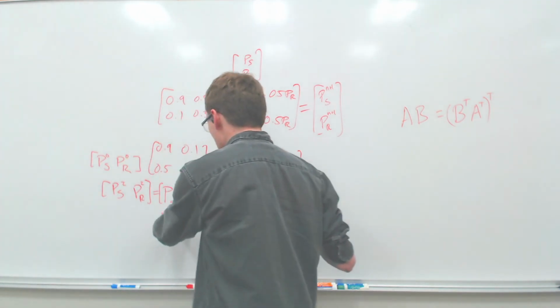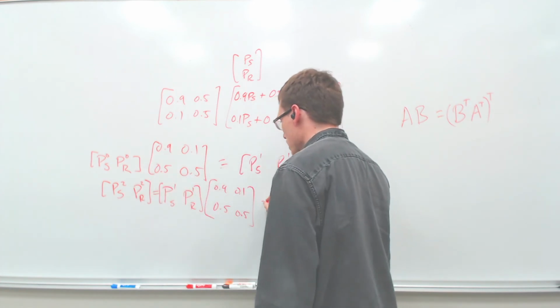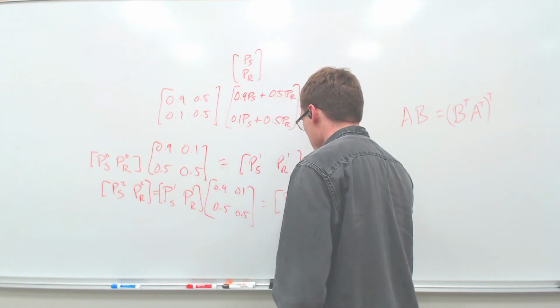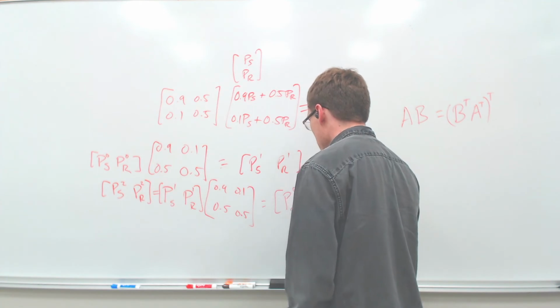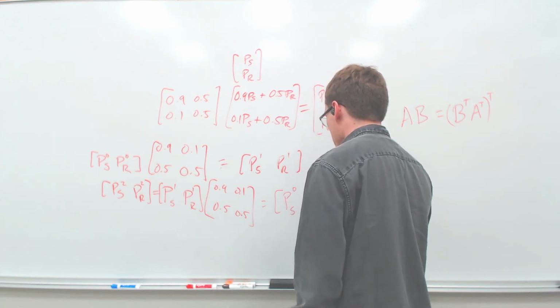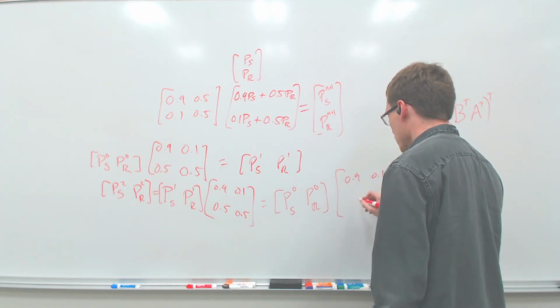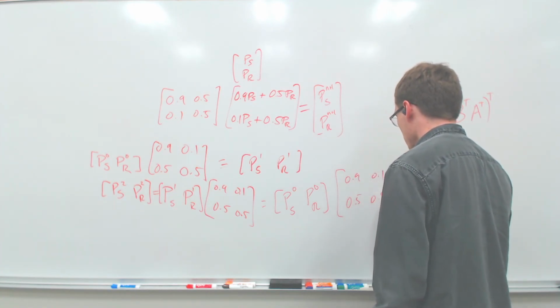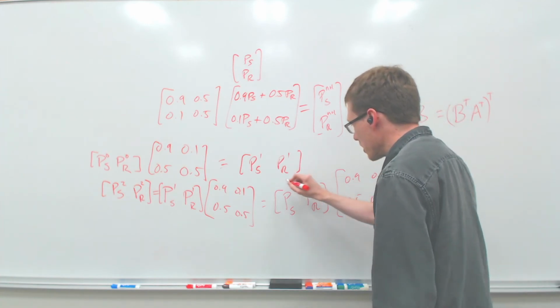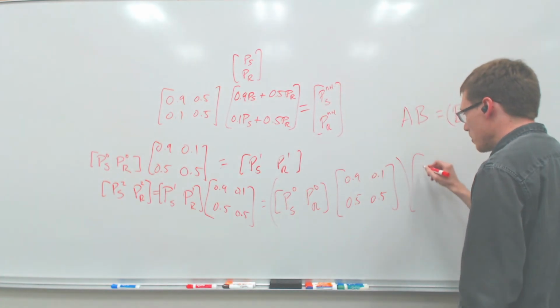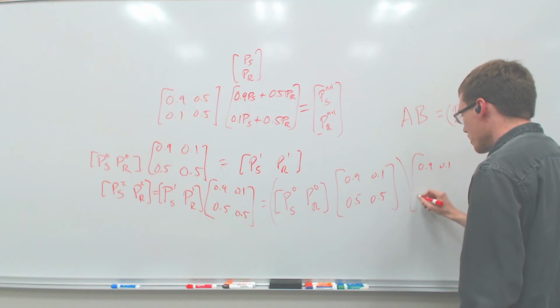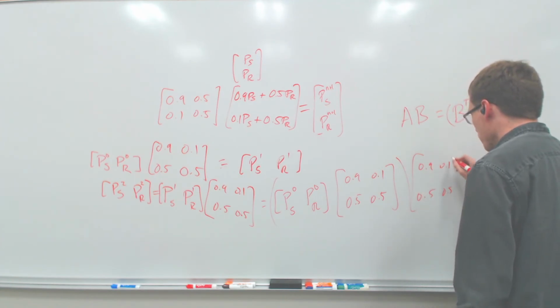But since we know this guy is right here, this is also the same thing as PS0, PR0 times the matrix twice. Right? You can imagine I'm going to put this in parentheses and then multiply by 0.9, 0.1, 0.5, 0.5.